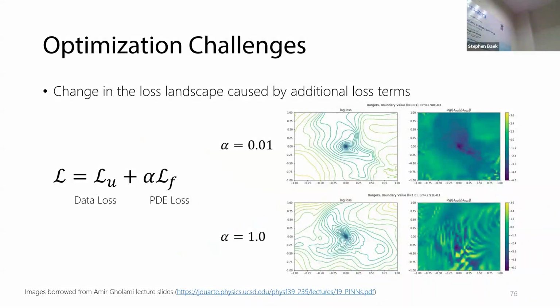We have the loss landscape for the same problem, and as one of you already asked, we have the coefficient over here. When that coefficient is small enough, we have a relatively smoother surface. Versus when you have a larger coefficient, you start to see lots of wrinkles, which makes it much harder to optimize.